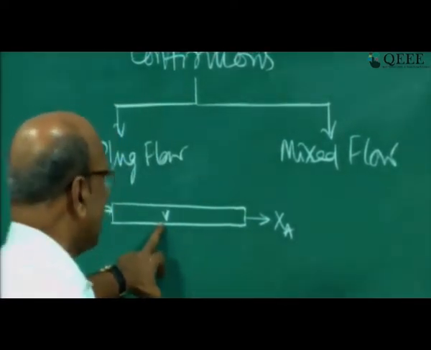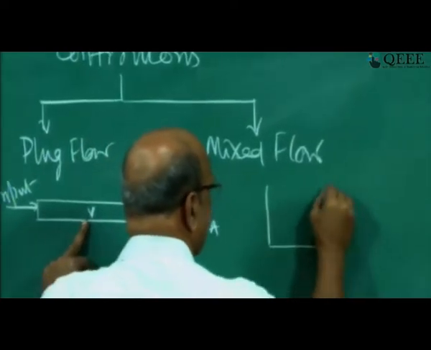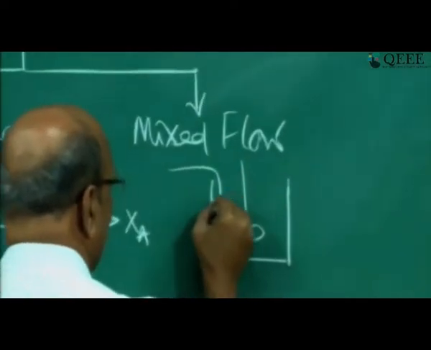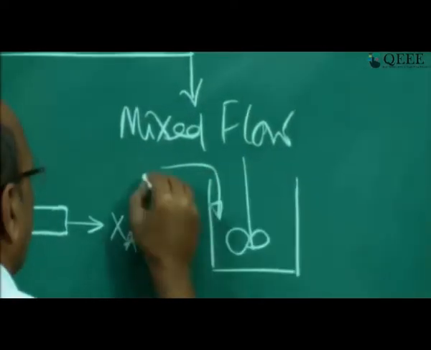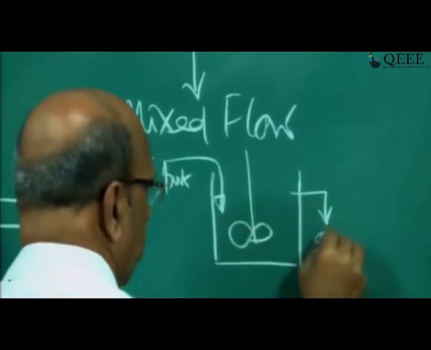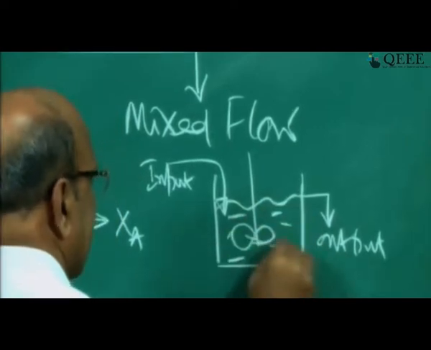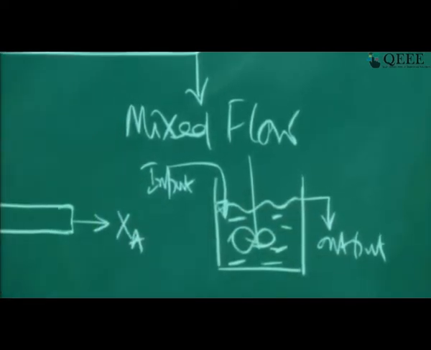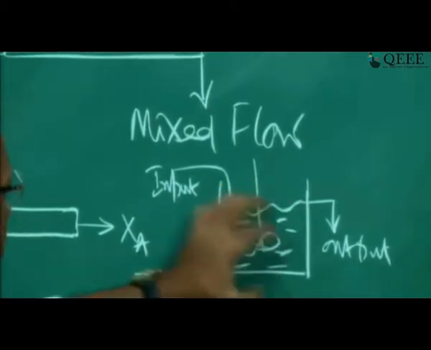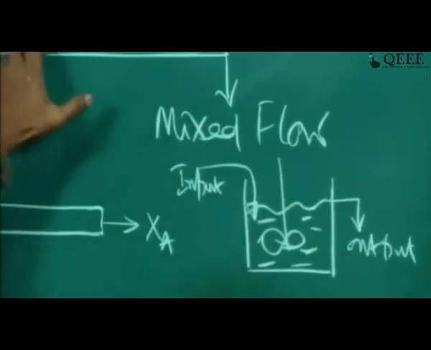And there is the other extreme where we have a tank reactor where you put a stirrer, continuously you put the input and continuously you get the output, and here the stirring is done. So these are called the tank reactors, and because you have continuous input and continuous output, it is a continuous system.